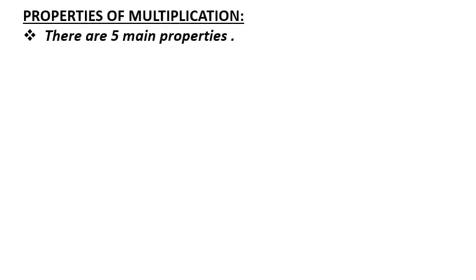Now, properties of multiplication. There are 5 main properties of multiplication. But in this video, we are going to learn first 2 properties of multiplication. Now, the first property is order property.